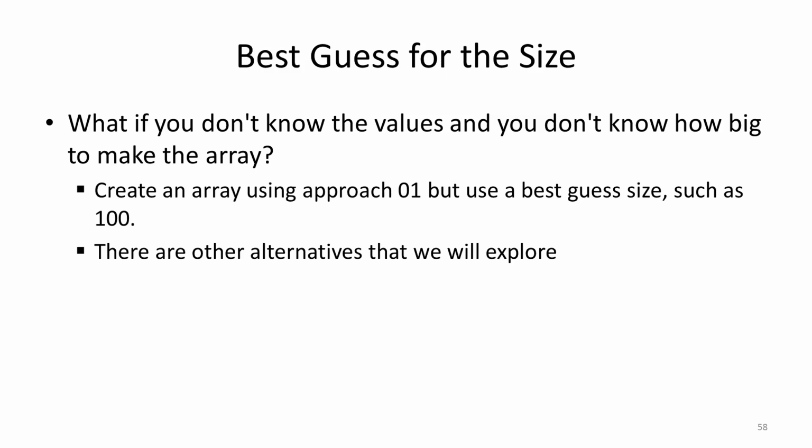Now, what if you don't know the values and you don't know how big to make the array? If you don't know the values, then you cannot use the array initializer. The array initializer is only for when you do know the values. The only other option is to use approach number 1. Now, if you don't know how many values, then use a best guess, such as 100. There are other alternatives to an array that we will explore in a later lecture.